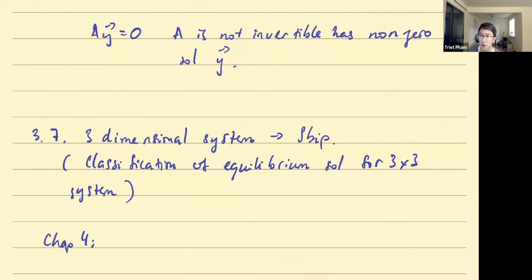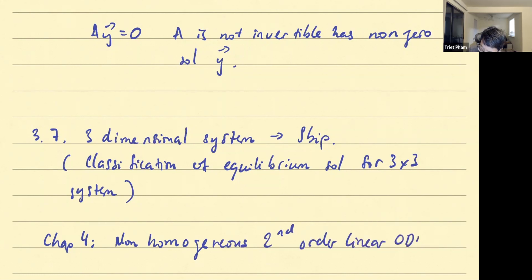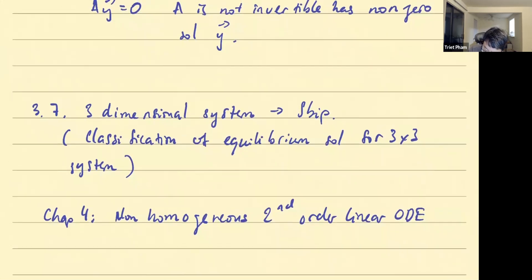And this is, roughly speaking, what we look at as non-homogeneous second order linear ODE with application to, let's say, spring mass system.